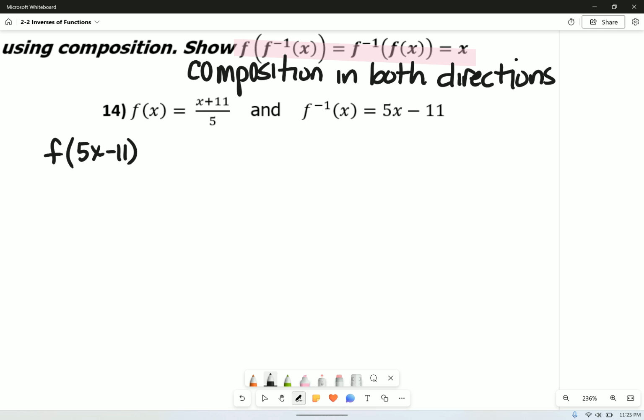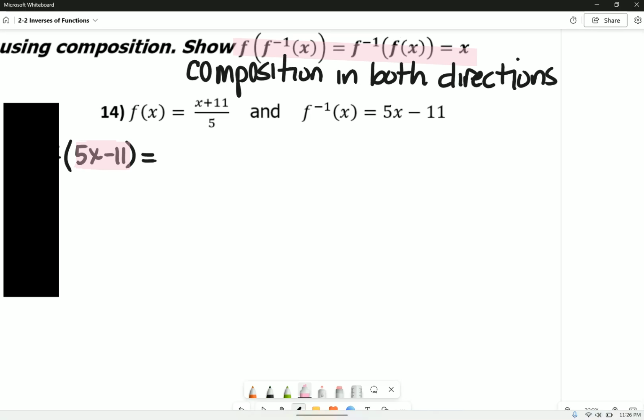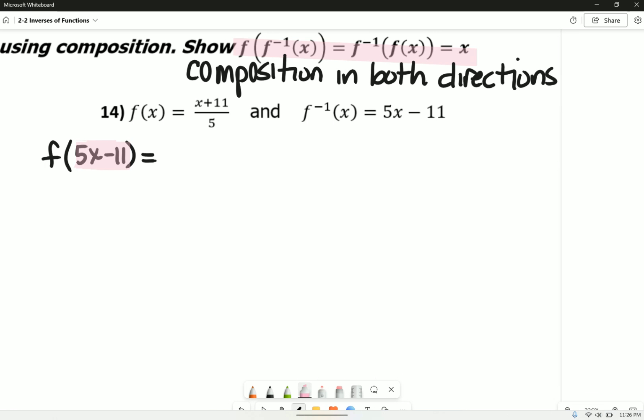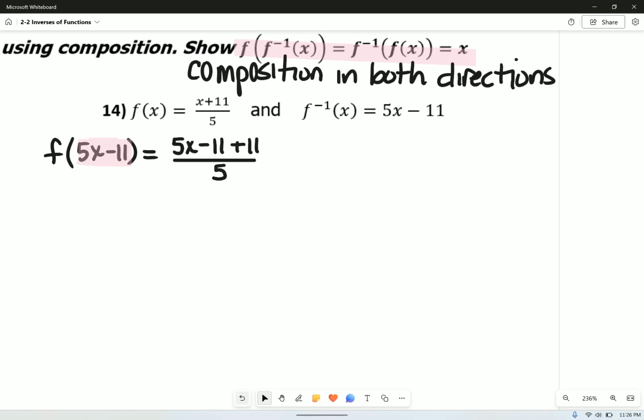So let us do the math. Every x in f, I've got to replace with 5x minus 11. This is the stuff I'm going to substitute with. So I need to look at my f function, and I need to substitute the x with 5x minus 11. Here we go. So notice this x was replaced with this new x.